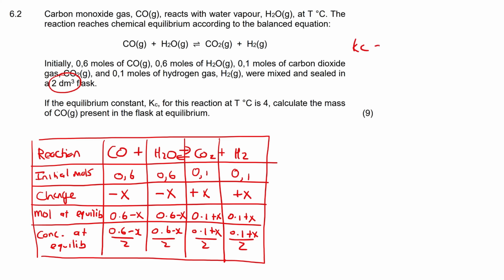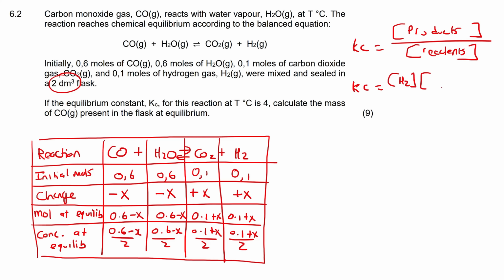So we know that Kc is your concentrations of all of your products over your concentrations of your reactants, all at equilibrium. So that's going to give us the concentration of hydrogen gas multiplied by the concentration of CO2 gas divided by the concentration of carbon monoxide multiplied by the concentration of H2O. And so we know that the Kc value is 4.